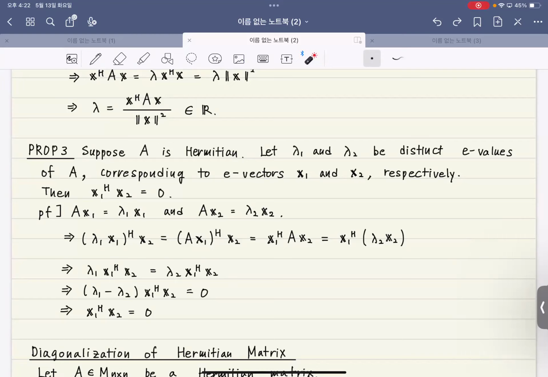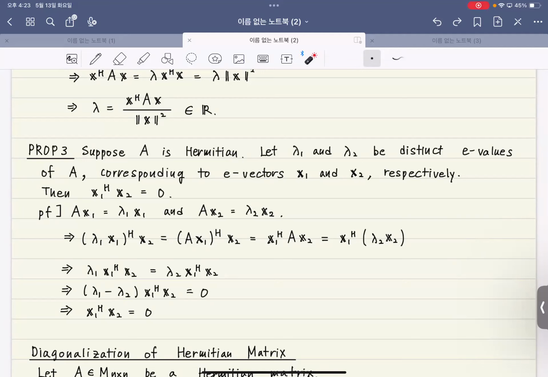That is, if your real matrix A is symmetric, then eigenvectors x1 and x2 that belong to 2 distinct eigenvalues are orthogonal. x1 transpose x2 should be 0, right? So even though this sounds like a statement on complex matrices, we still have the real version of the same statement.